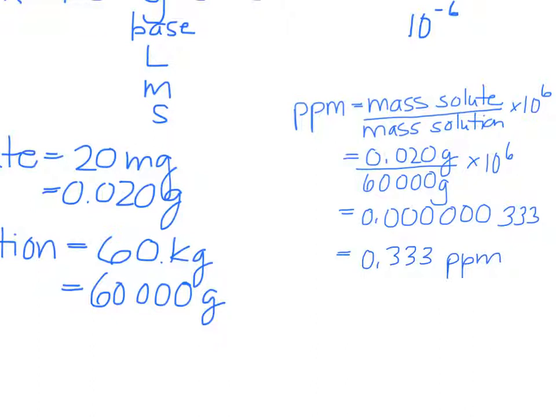Can I borrow your calculator for a second? When you do 0.02 divided by 60,000, it should give you all of those zeros in front of that 333.